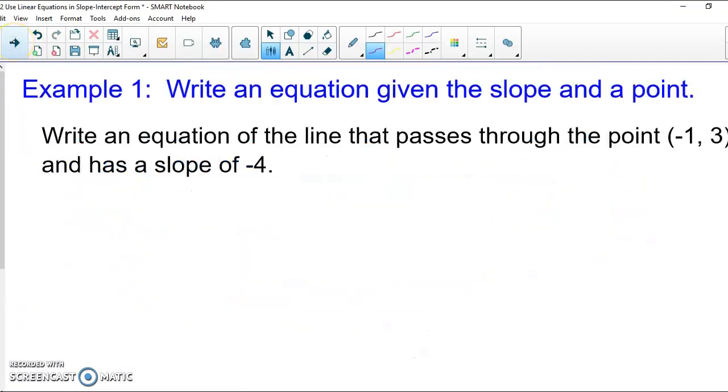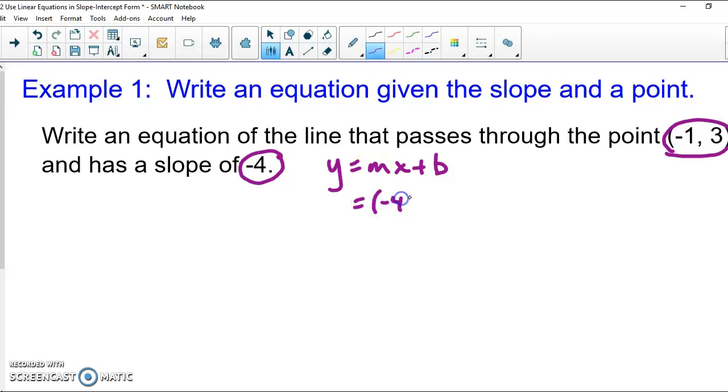So let's look at an example together. Let's say we are given a point on the line and we're given the slope. Well, I know I want to write it in y equals mx plus b form. So my first step said to find the slope. I've already got that. So I can go ahead and substitute my slope into the equation.